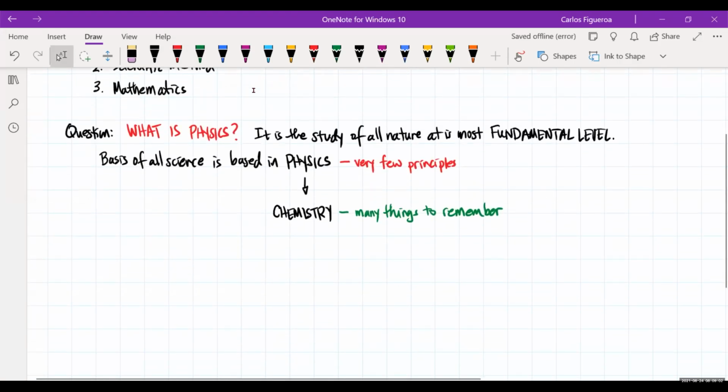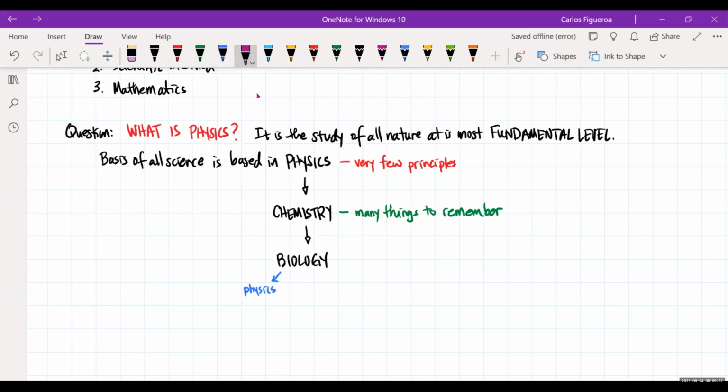And then if you go to the other basic science that people talk a lot about, you get to biology. And biology, oh, good God, that is definitely a complex science. In fact, biology is more integrated in science than chemistry or physics. What do I mean here? Well, if you want to understand biology, you need some physics principles.